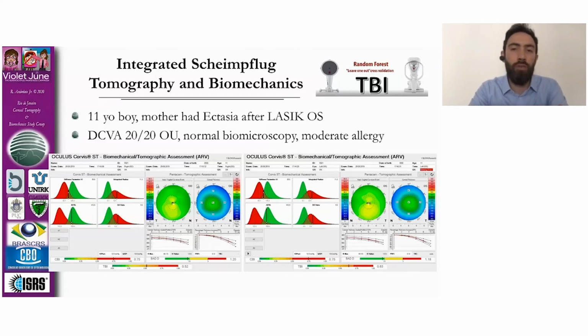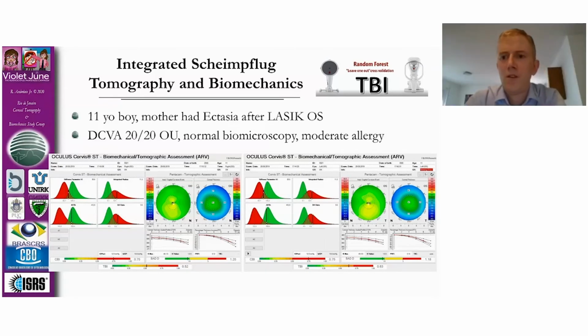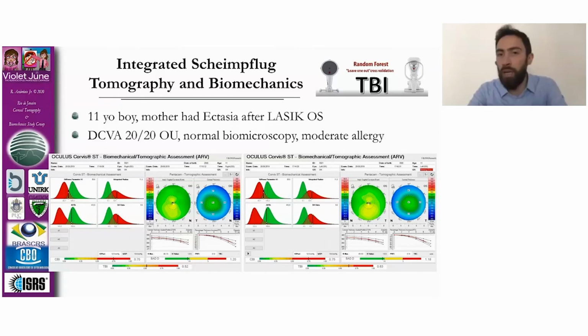Imagine that you're screening a patient for cancer and the CT scan is negative and the PET scan is positive. Do you think that this patient is healthy? No, it's clearly not healthy. So if you have a CBI that is abnormal and the TBI is normal, or the opposite, remember that if you're doing refractive surgery, you're treating a patient that is healthy. They have 20/20 vision with contact lenses. And if you make a mistake, then this is for life.